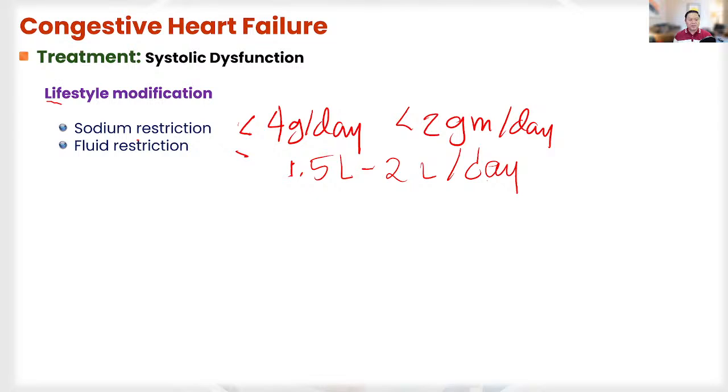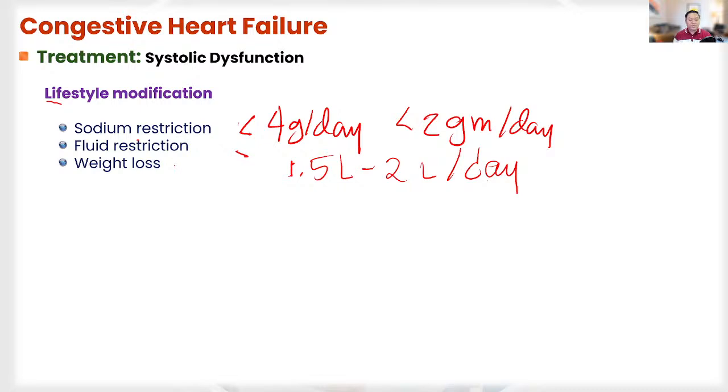Now, another lifestyle modification that we will be expecting here is the promotion of weight loss, because when the patient has remarkable weight loss, maybe because of the dietary modification or exercise, this can also decrease the workload of the heart.